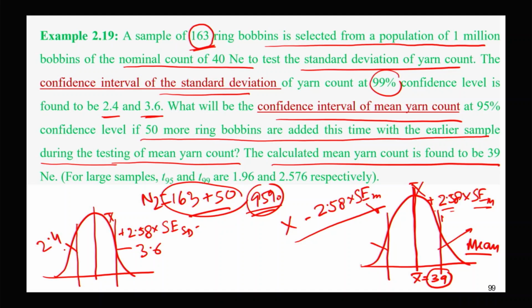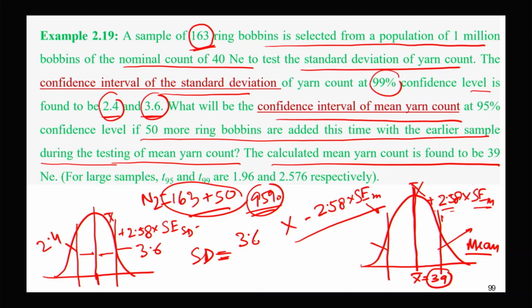Now, if you want to calculate the standard deviation, so standard deviation will be at the midpoint of this. So, standard deviation of the population will be, say this is the confidence limit. So, the mean of these two values will be the standard deviation, that is the midpoint.